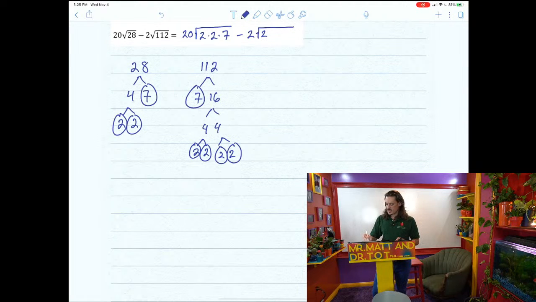Remember that for each pair underneath of the radical sign, you can pull 1 out as the coefficient. So this is going to turn into 20 times 2 times the square root of 7 minus 2 times 2 times 2 times the square root of 7. Let me get some more room there.